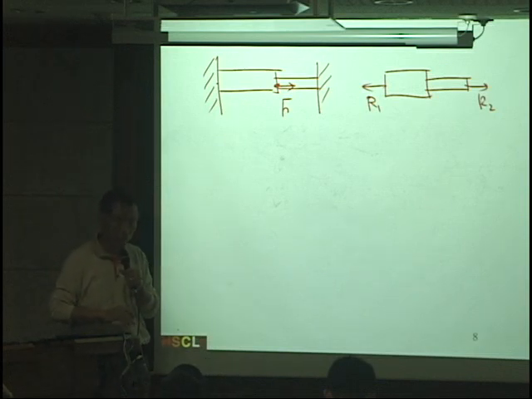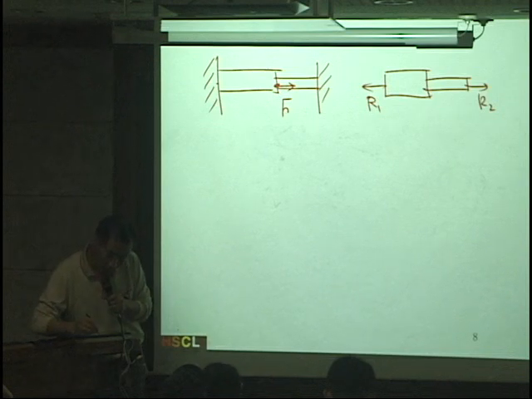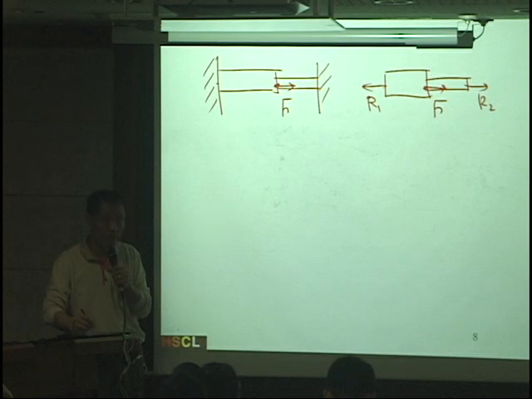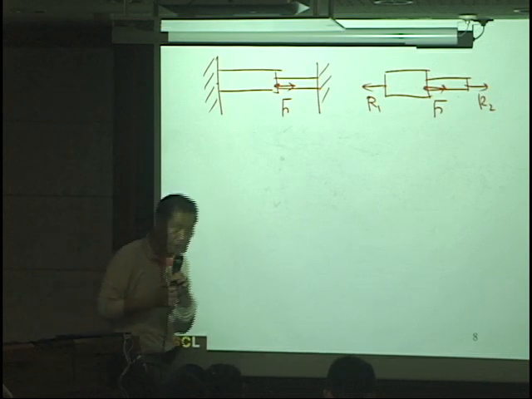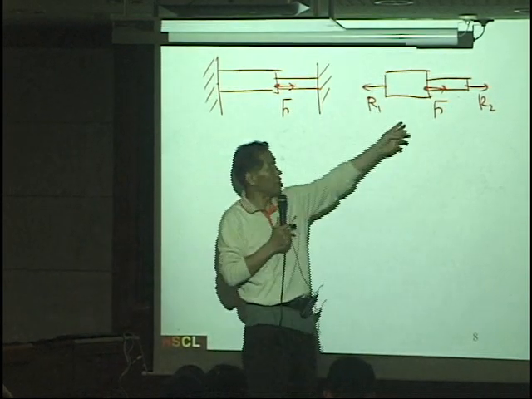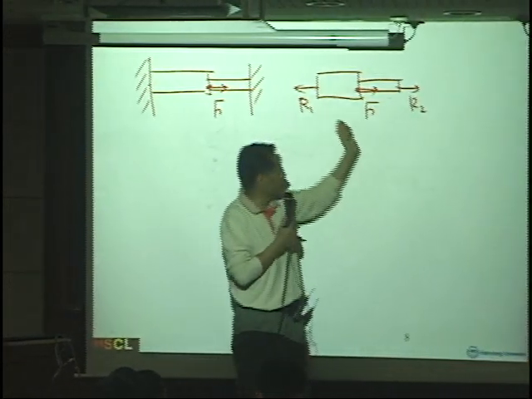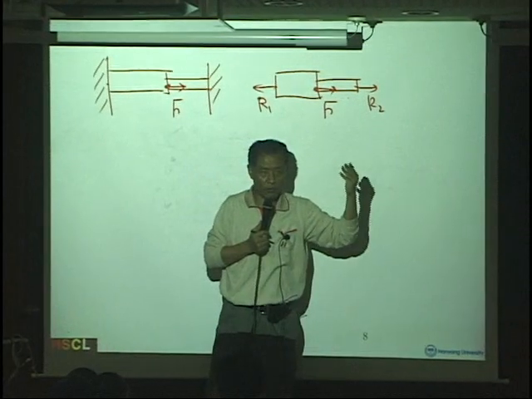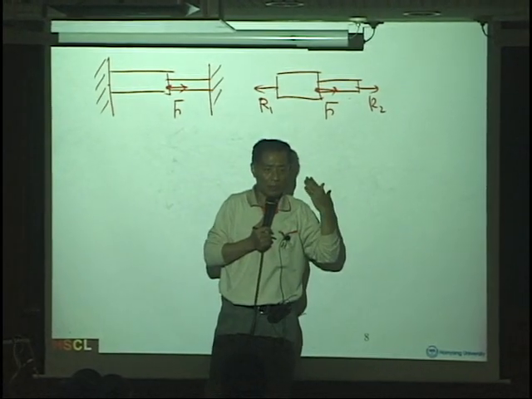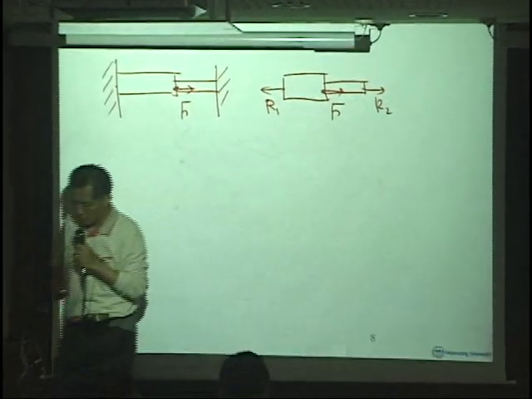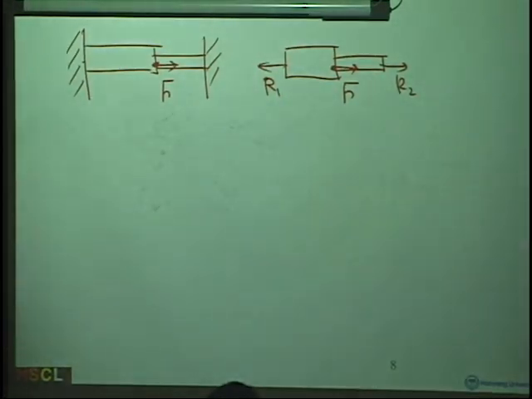And now we have the external force here and equilibrium. Now you have to be careful. You are free to choose the direction of these reaction forces, but once you draw this reaction force, you gotta be careful about writing down the equilibrium equations.